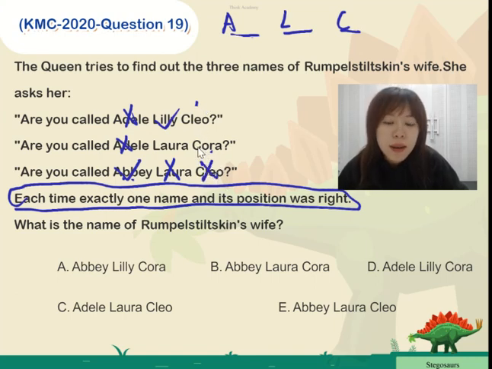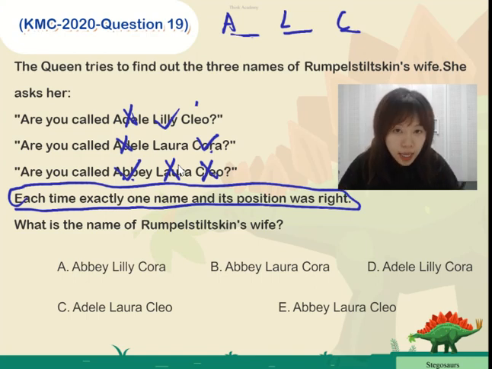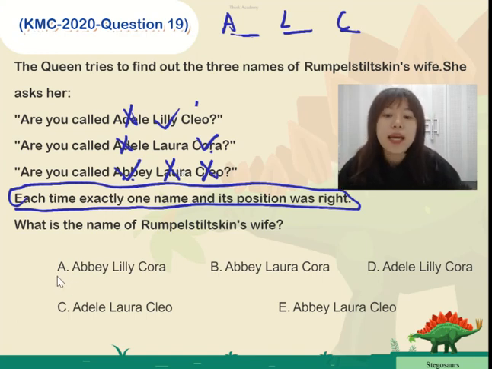It can only be Cora. So we just pick the different one, because once they are the same, that means the other parts are wrong, and for the other position, also wrong. So here it should be Abby, Lily, Cora. The answer is option A.